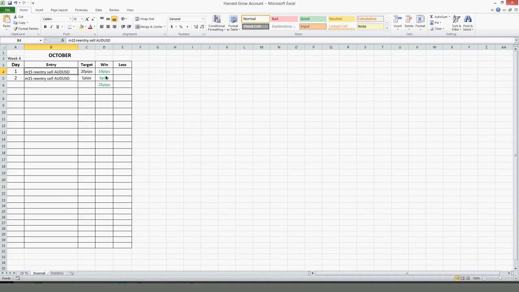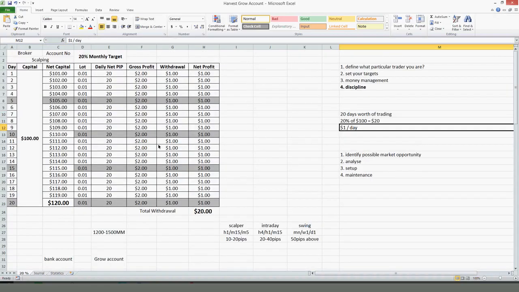Let's say that during the trade I earn about 19 pips, and I still have a deficit of one more pip just to get my daily target of 20 pips. But fortunately, I earn about 25 pips. So ultimately, your withdrawal that goes into your bank account should be about $1.50. So that should be your game plan every day. Okay, that should be what you should be doing right now.